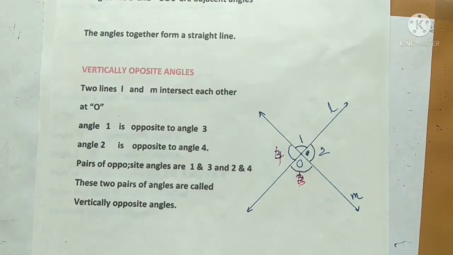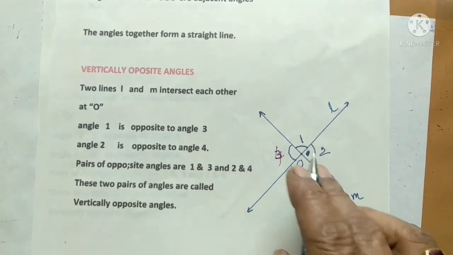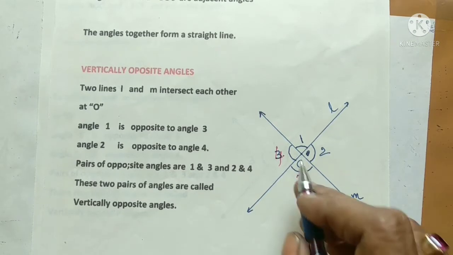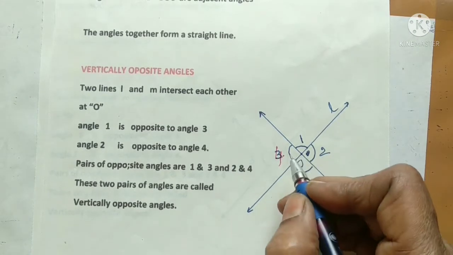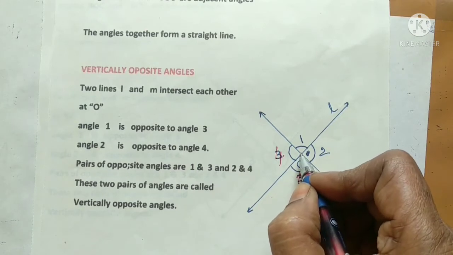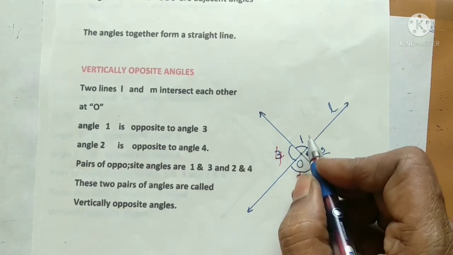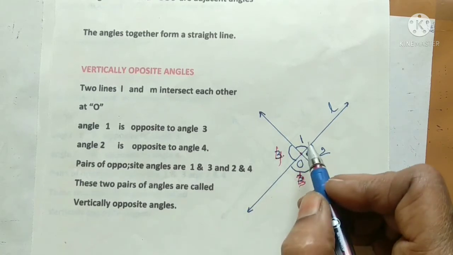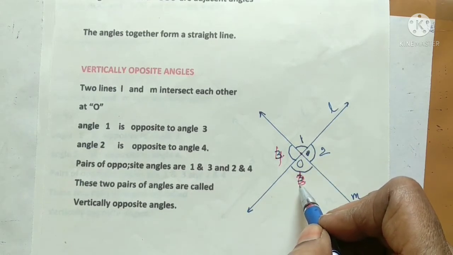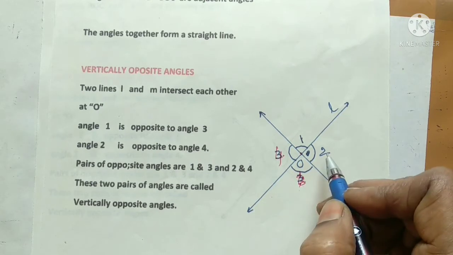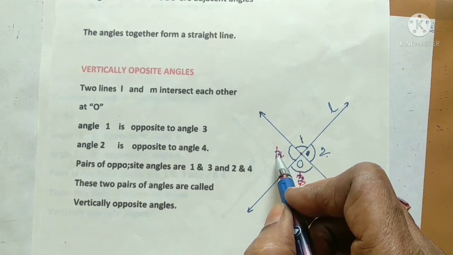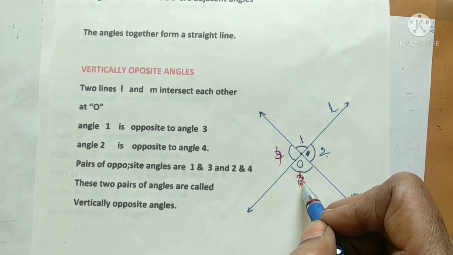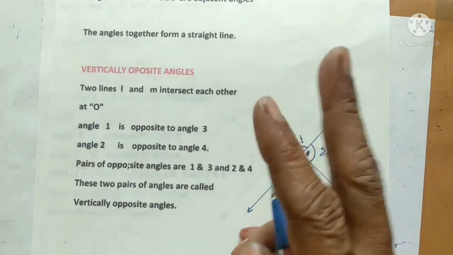If you draw a diagram, we have two line segments L and M. When these two intersect at point O, four angles are formed: 1, 2, 3 and 4. 1 and 3 are vertically opposite, and 2 and 4 are vertically opposite. So the vertically opposite angles are 1, 3 and 2, 4. There are two pairs.